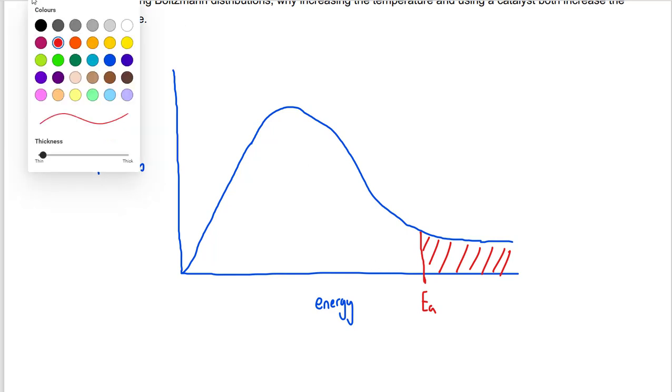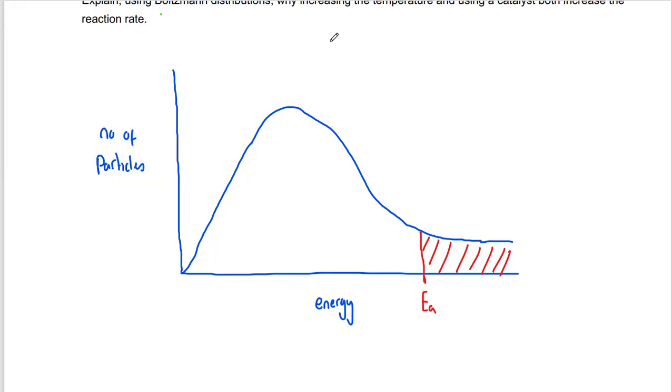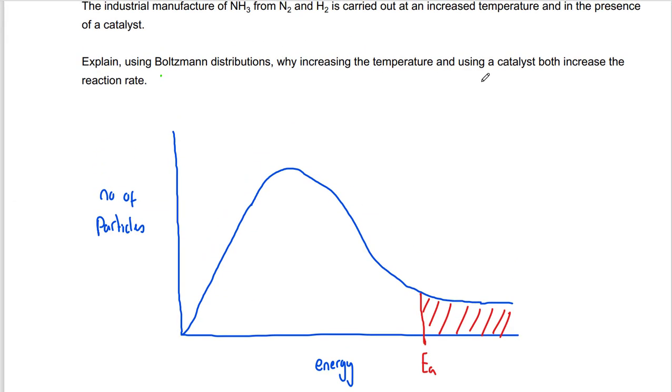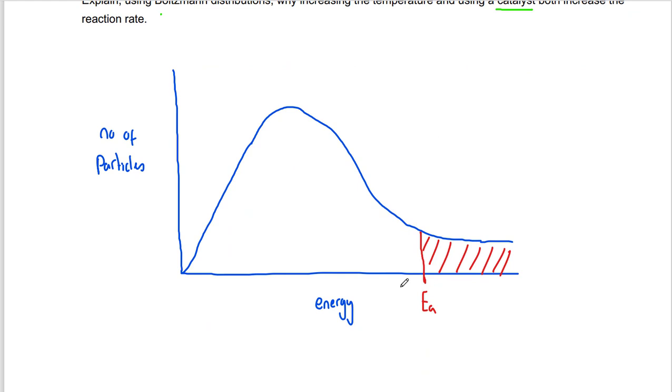Now, what we're going to do next is put on what happens when we add a catalyst. So I'm going to do catalyst first because it's a little bit easier. For a catalyst, all that's happening is the activation energy is getting lower. So we draw on a second activation energy, EC, connect it up, and then shade in all this, because all these particles now have the required energy.